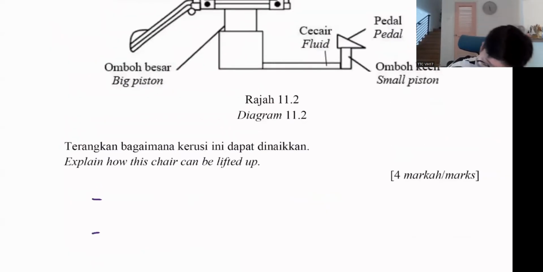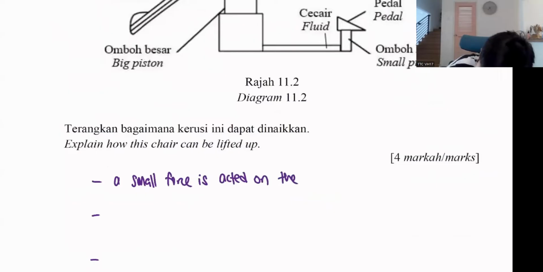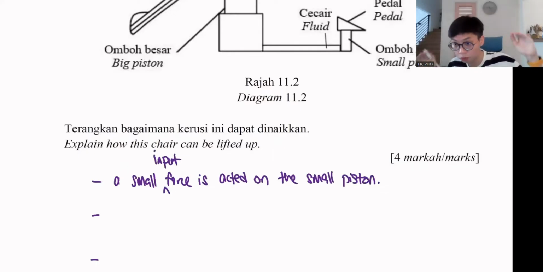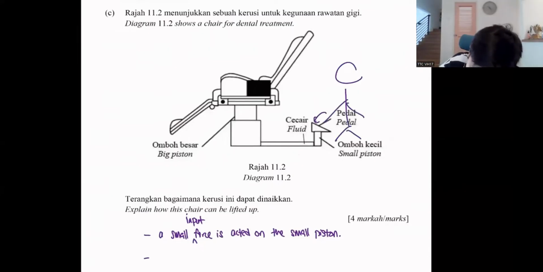Number 1, we can say a small force is acted on the small piston. You want to say a small input force, because this is the force that you push into the piston. So what you do here is you press or step on this. Inside here there is a fluid, then you have the bigger piston.